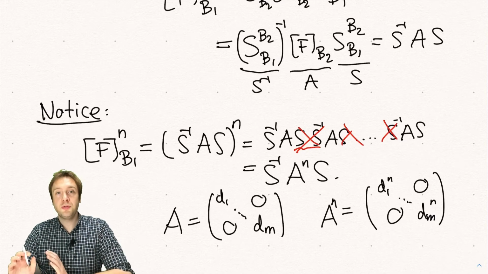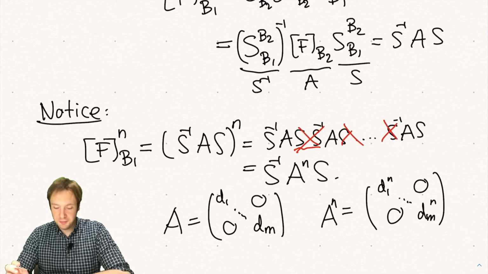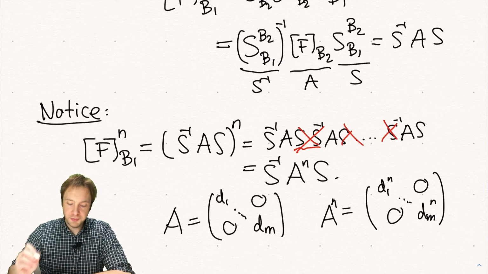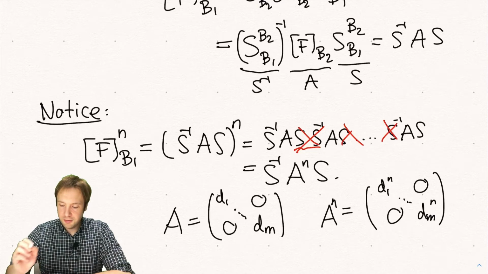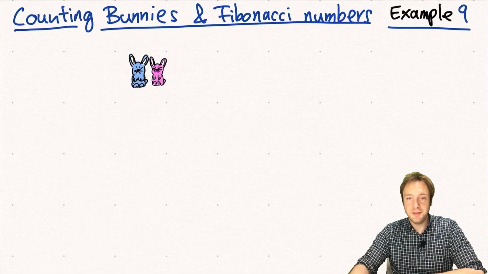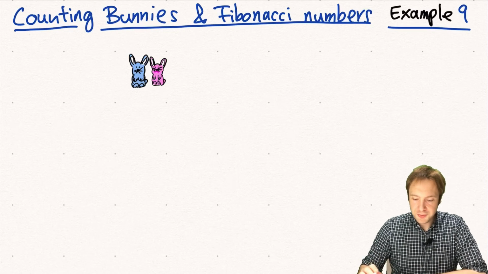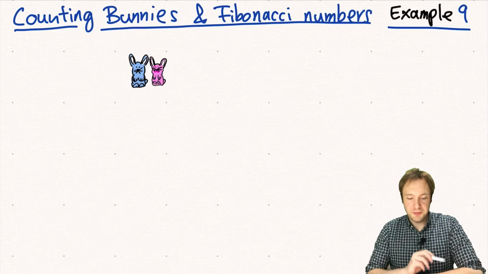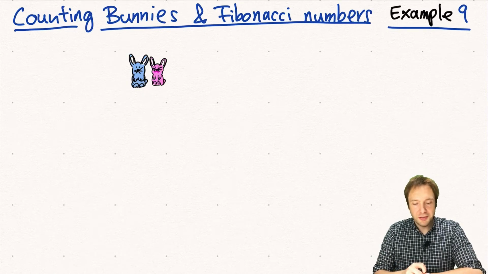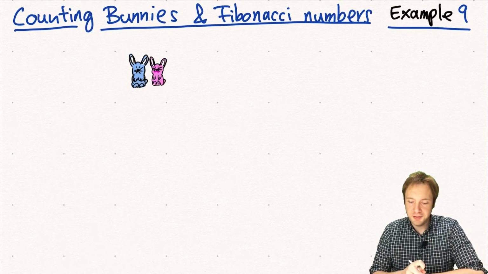And for this we want to do one explicit example, which is given by Fibonacci numbers and counting bunnies. This is example number 9. So consider the following problem, which was proposed by Fibonacci a few hundred years ago.